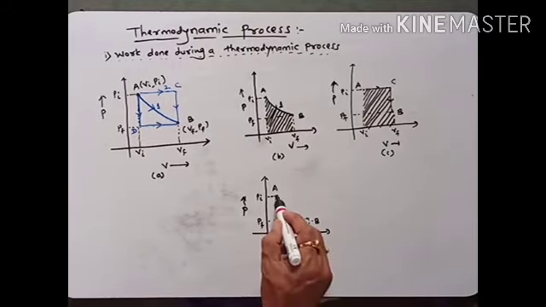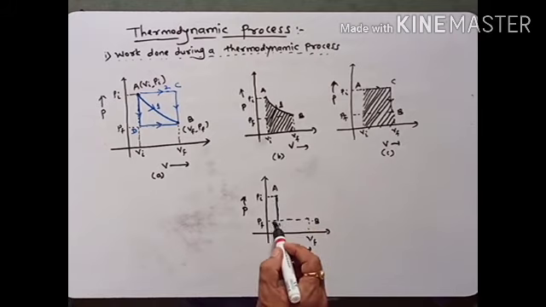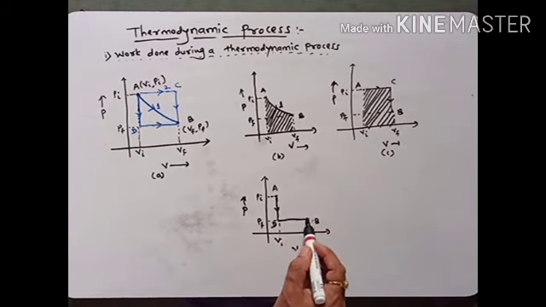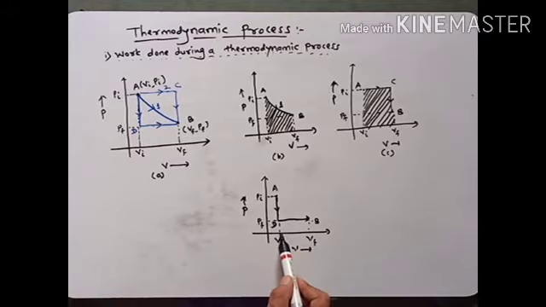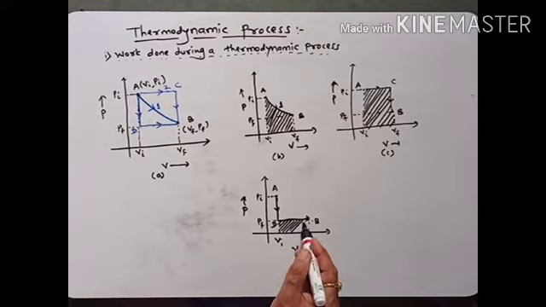Now the state changes like this from A to D and from D to B. Now what happens here? At constant volume Vi, pressure changes from Pi to Pf, and after that at constant pressure, volume changes from Vi to Vf, and in this case, work done is given by this shaded region. Now suppose this is diagram D.